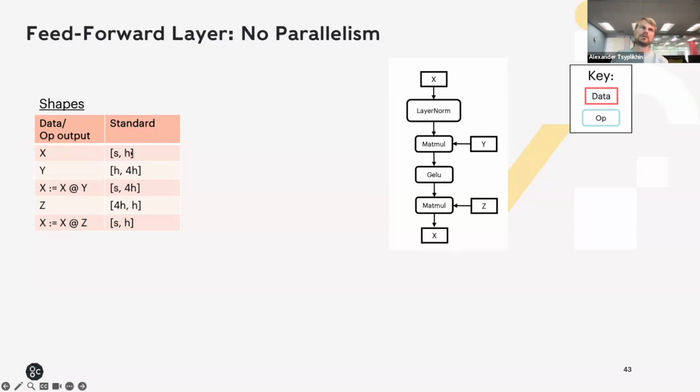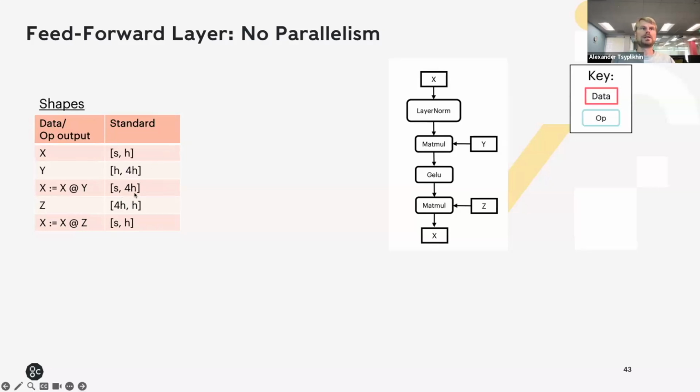And the sizes of the matrices are shown here, with S being the sequence length, H the hidden dimension, and then Y the first feed-forward layer. So it typically moves the dimension of the activations from H to 4 times H. So this is a huge matrix potentially.